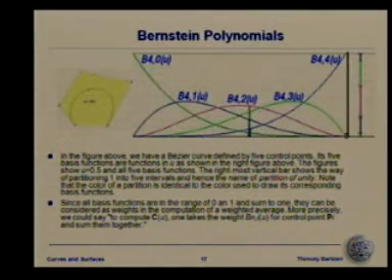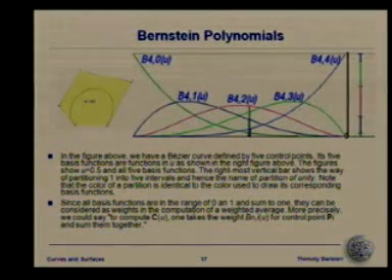How do these Bernstein polynomials look like? Look at this example. This example is actually 1 degree more. So this is a degree 4 curve, because I have 5 control points. You can see them over here: P0, P1, P2, P3, P4.